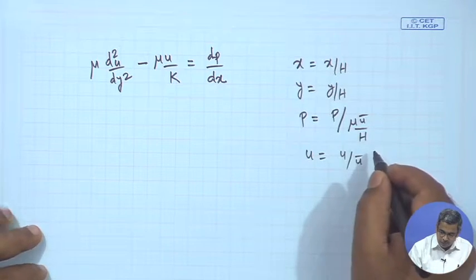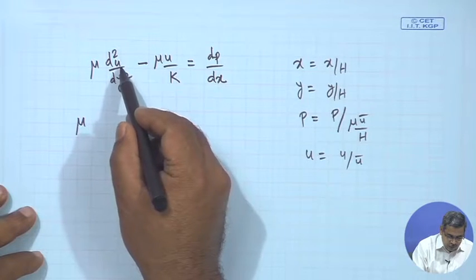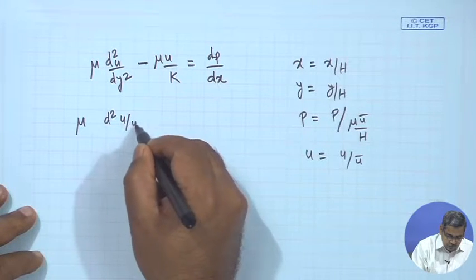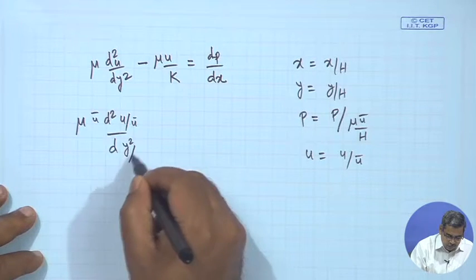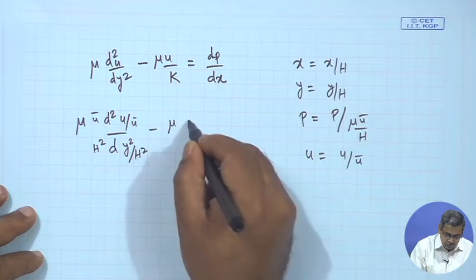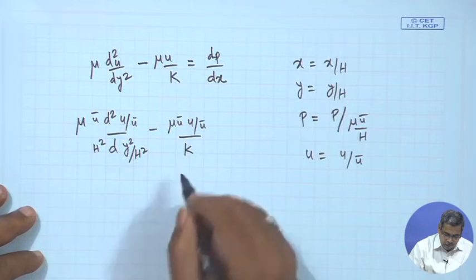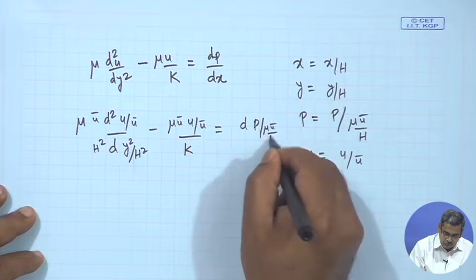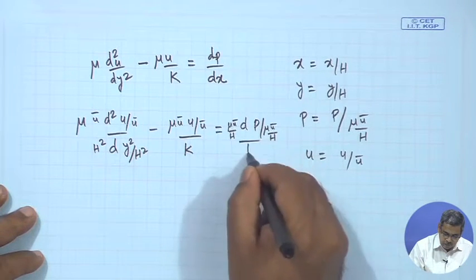So, these are the non-dimensional quantities. Now let us non-dimensionalize. So, we have μ. Now we supply u by, therefore there will be a u bar, then we get h square there. Then k we are keeping as it is, then p by h.